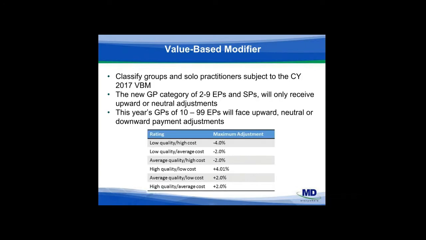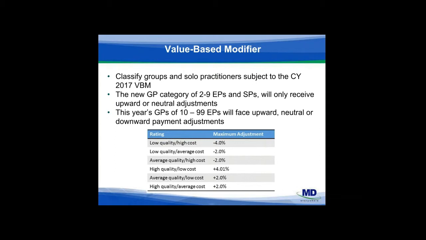Associated with the PQRS initiative and the value-based modifier for group and solo practitioners, they're going to start the classification of these groups of 10 to 99 as well as solo practitioners. They're going to be subject to the 2017 calendar year value-based modifier.